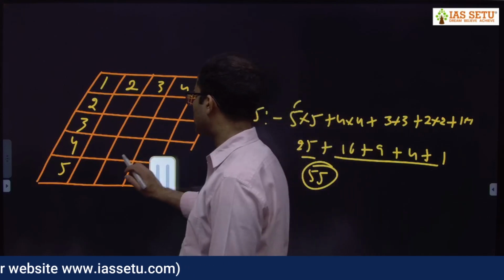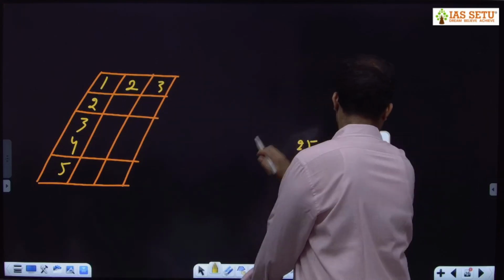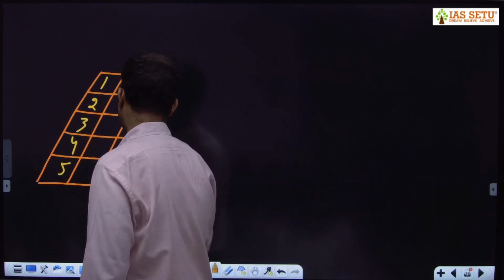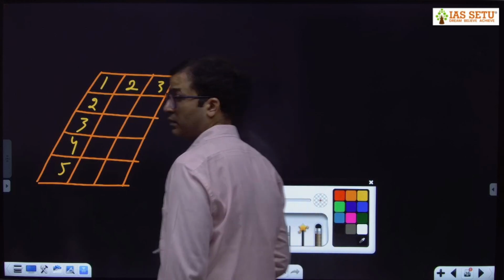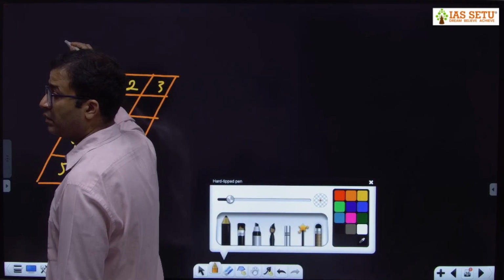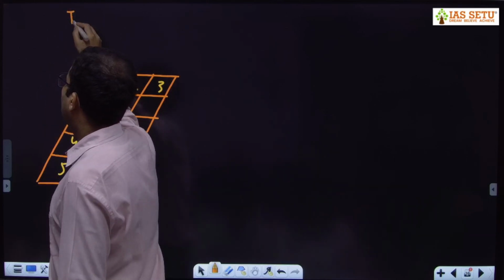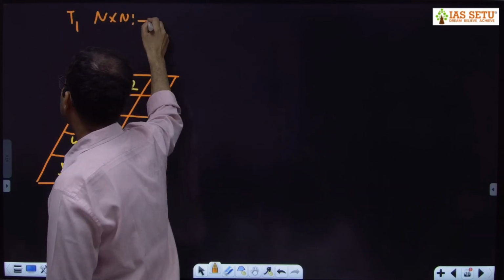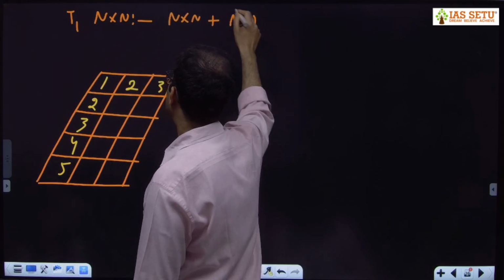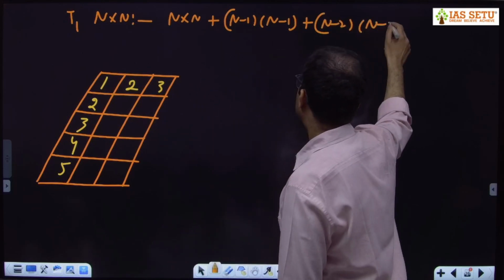Now next is type 2. Type 2 is when it is not an n by n figure, it is an n by m figure. हाँ yes, for rhombus, नहीं तो वो rhombus बनेगा ही नहीं. Type 1 is n by n, so it is n into n plus n minus 1 into n minus 1 plus n minus 2 into n minus 2 and so on.